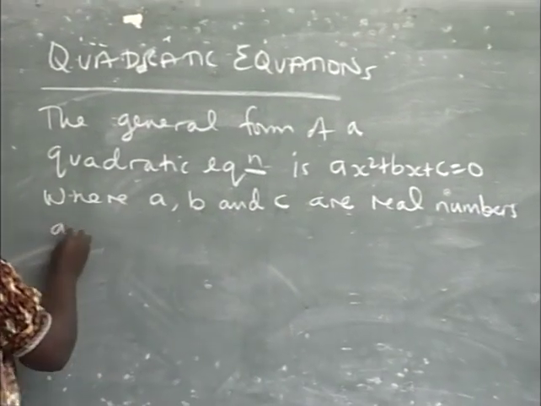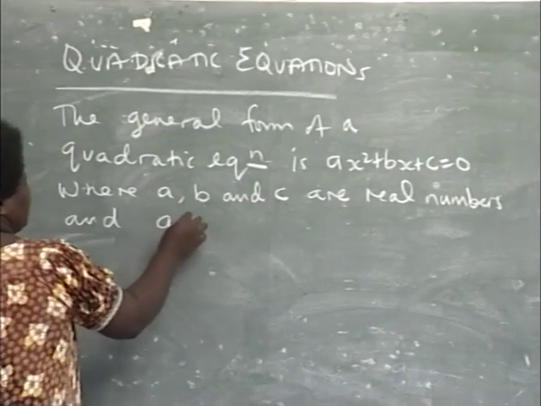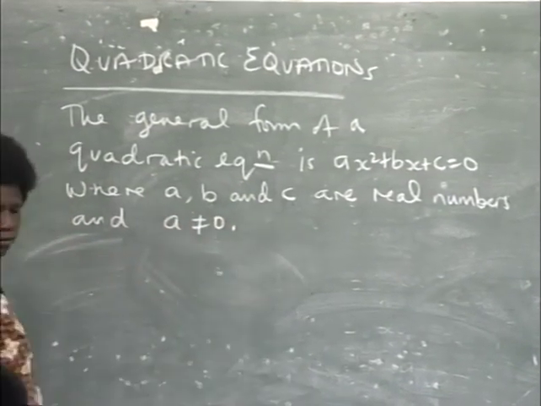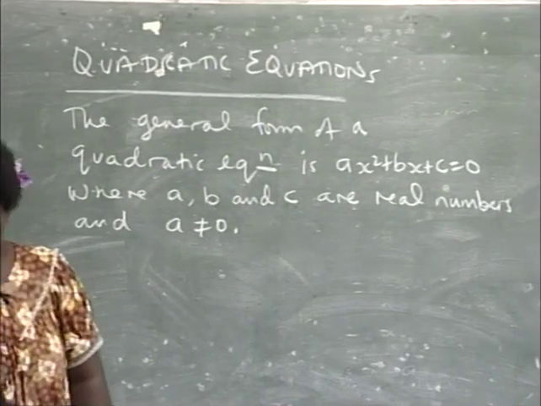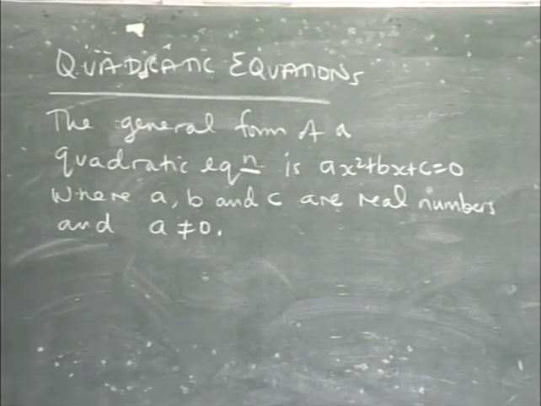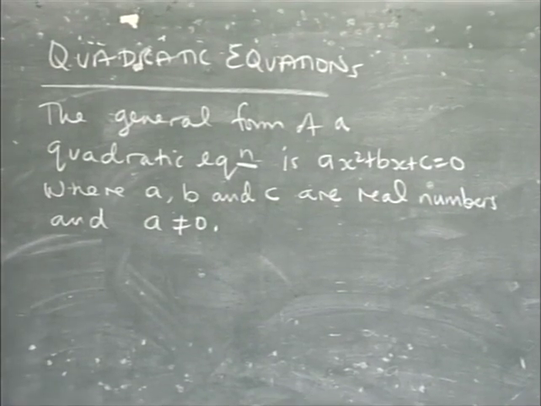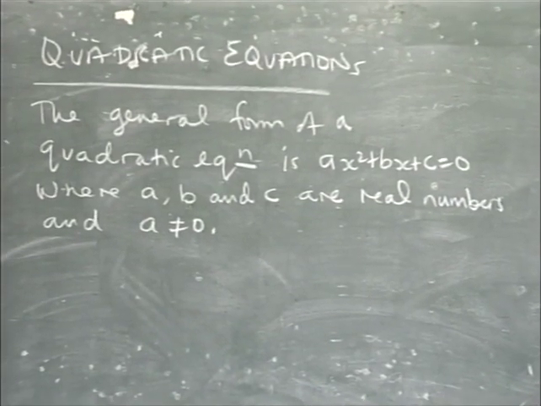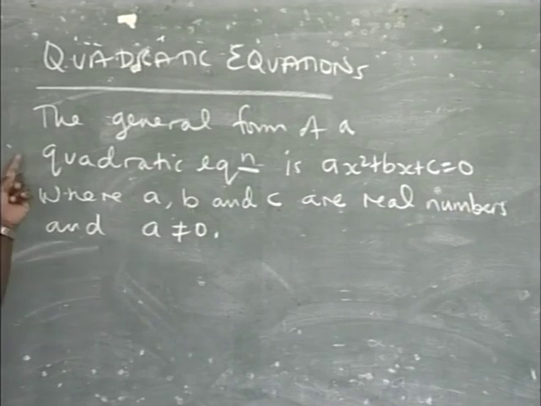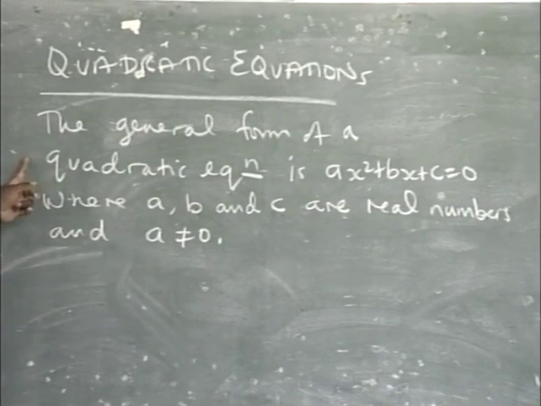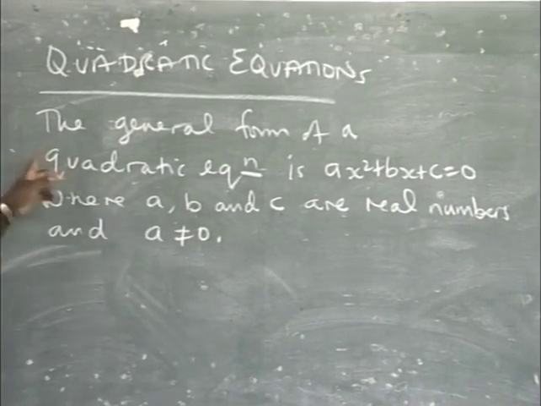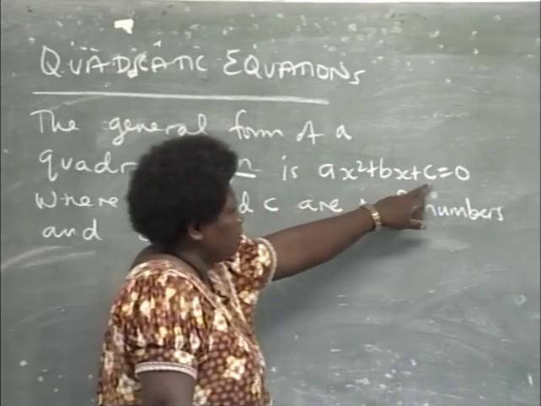And a must never be equal to 0, because if it is equal to 0, it is no longer a quadratic equation. Okay, I think in these notes when we looked at quadratic expressions, factorizing quadratic expressions, I just said ax squared plus bx plus c.